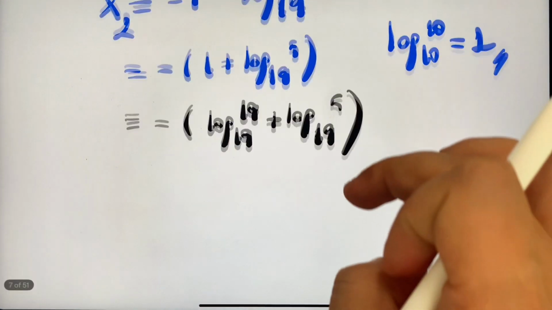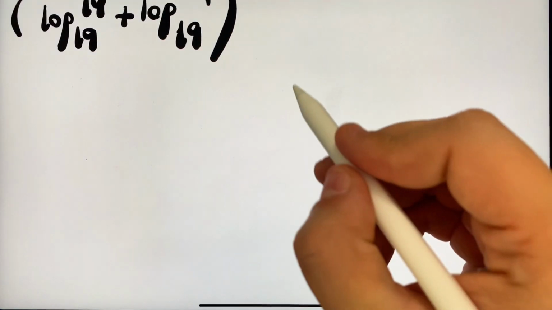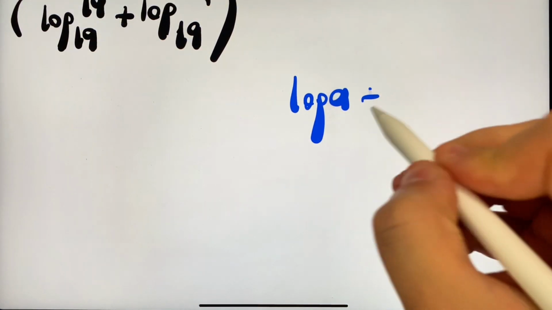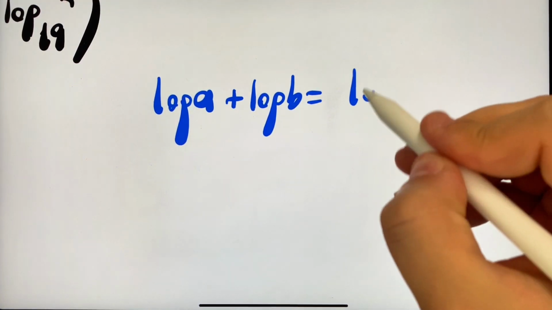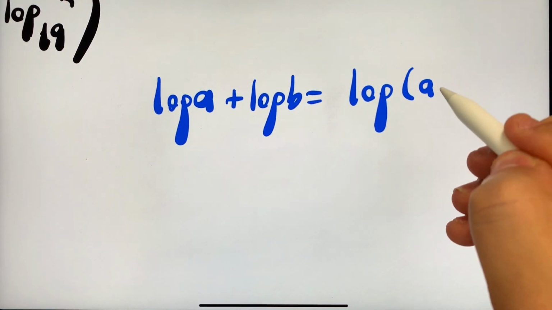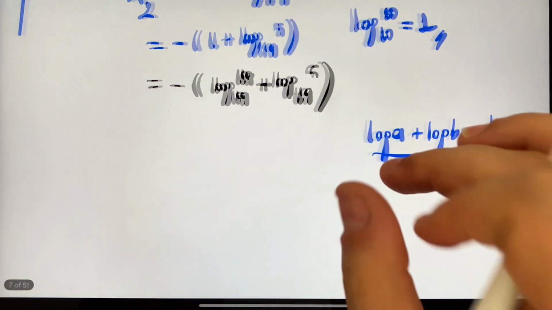So what can I do next? Look, another feature of logarithm comes to mind immediately. What was logarithm a plus logarithm b equal to? The logarithm was equal to log of a times b in brackets. Friends, I'm going to apply this in our question right away.